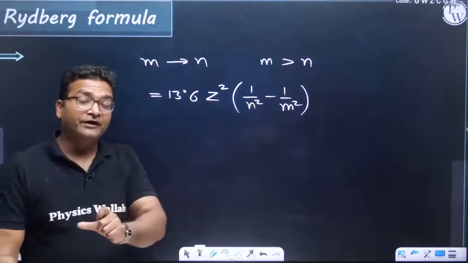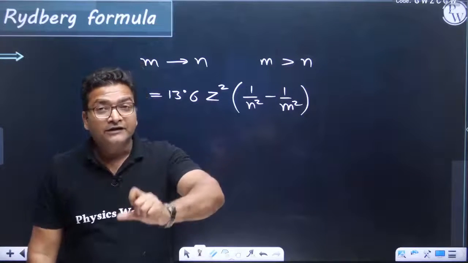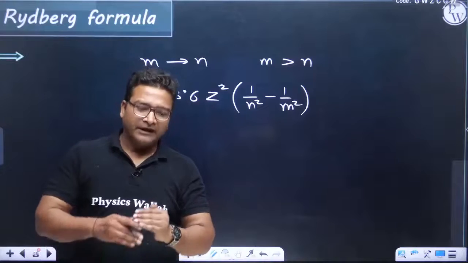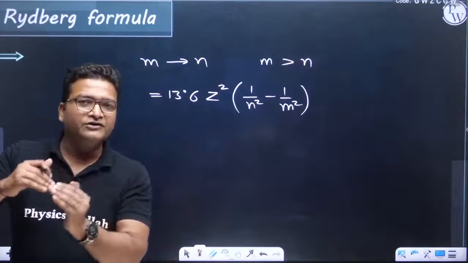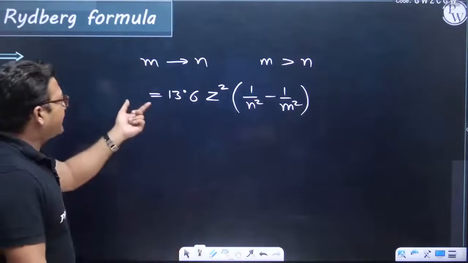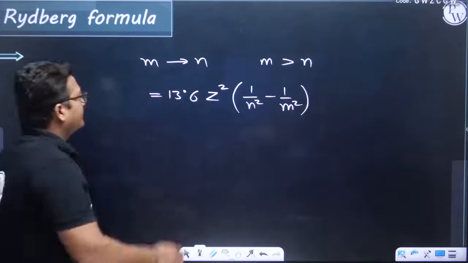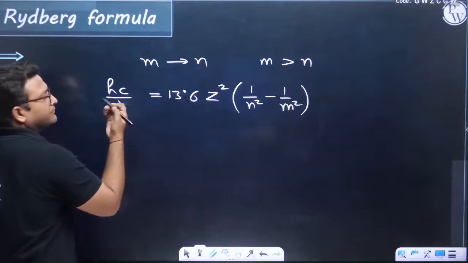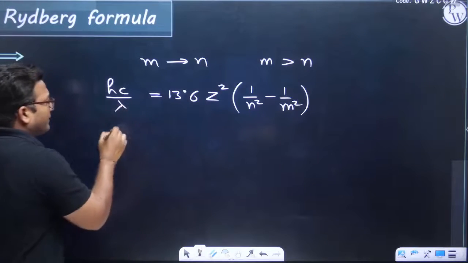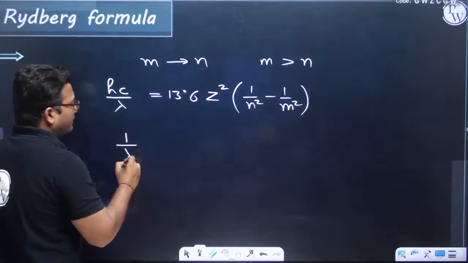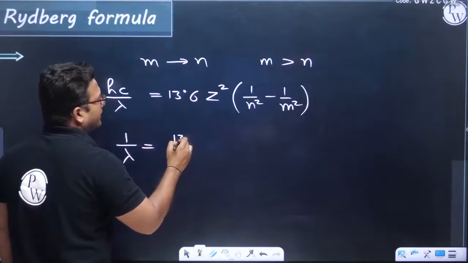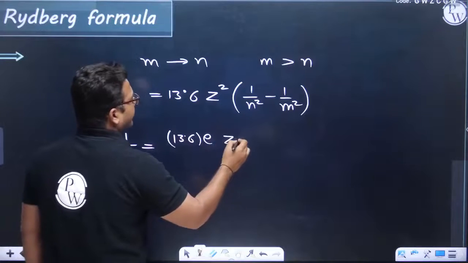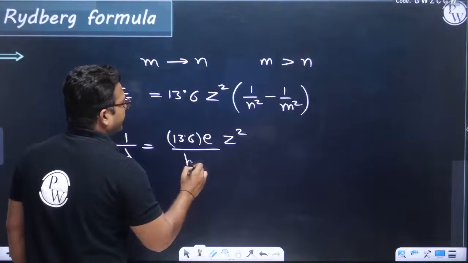This difference of energy is converted into the energy of the photon being emitted. Every de-excitation is associated with the emission of a photon. And this is the energy of the photon being emitted, so I can write it as hc by lambda, as you know. So from here we can say 1 by lambda equals 13.6, converted into joules, times Z square, divided by hc.